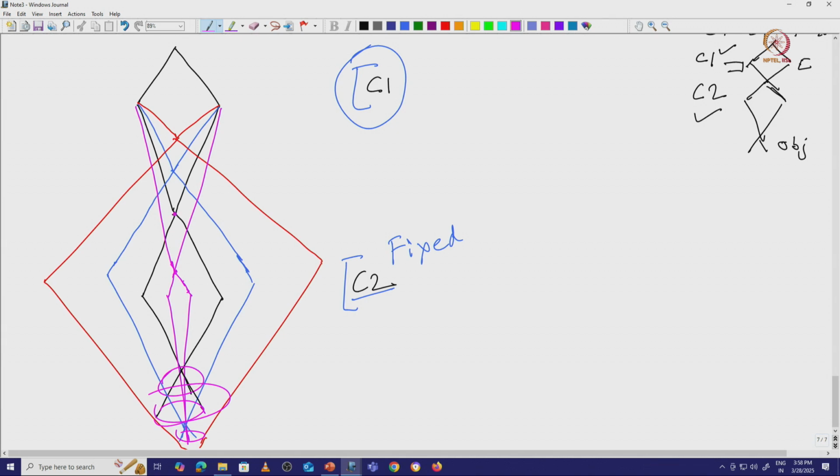Now let's do one exercise. We have a fixed C2 lens and we'll try to converge all the electron beam at one particular point. We will not allow the electron beam to converge wherever it wants.